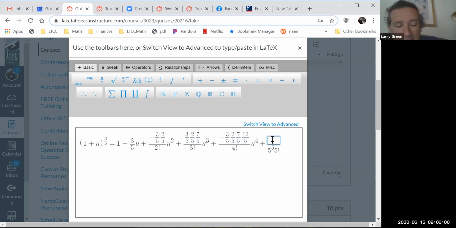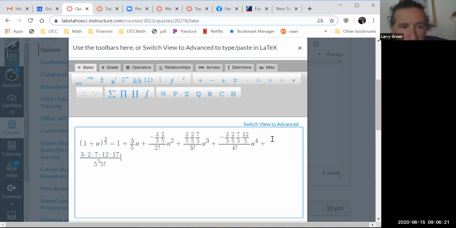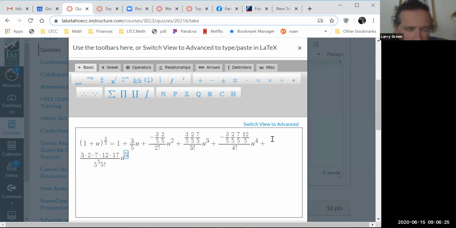And the top is going to be 3 times 2 times 7 times 12 times 17, because we're adding 5 each time. And then u to the 5th. Any questions so far?